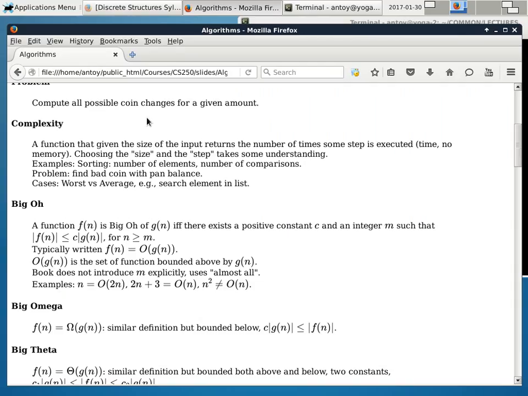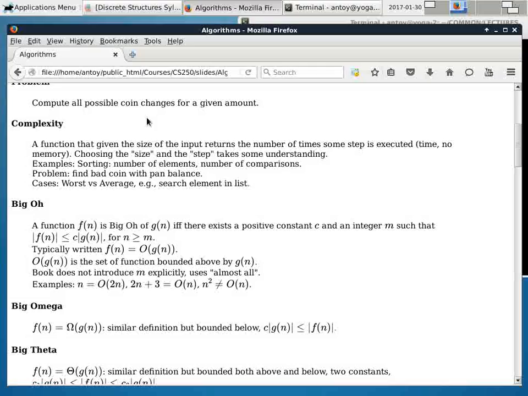So let's review what we did in the first half. We defined the running time of an algorithm. There is no running and there is no time, but this is how it's called. What is the running time of an algorithm?